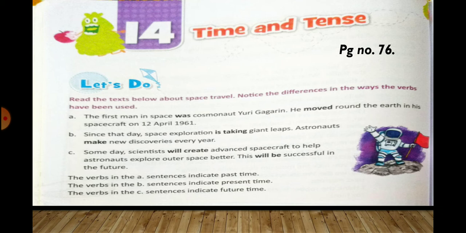As you can understand, is taking and make are indicating present time. And in C, the verbs will create and will be are talking about future plans. So it is representing the future time.